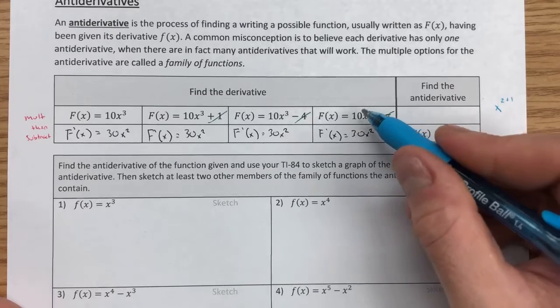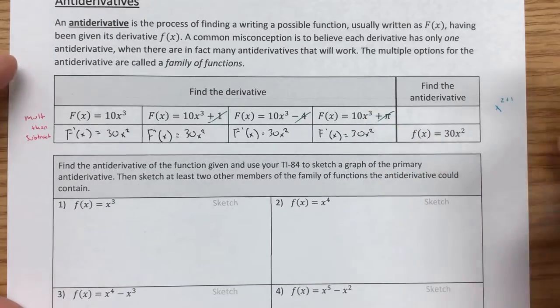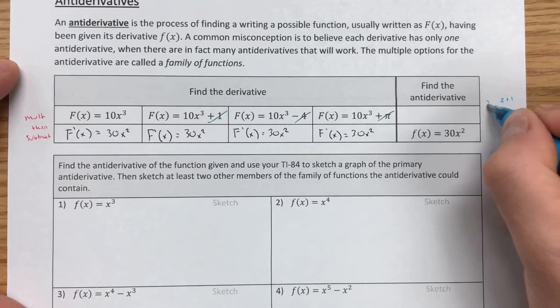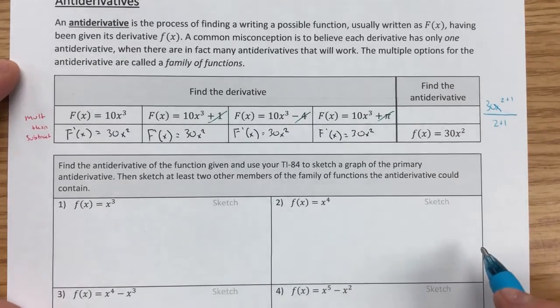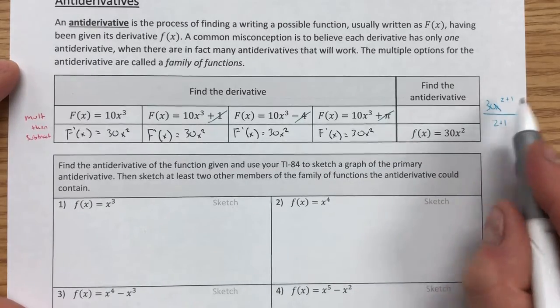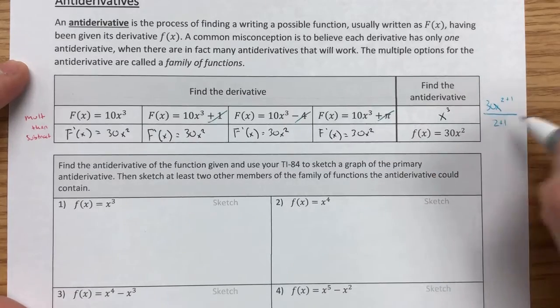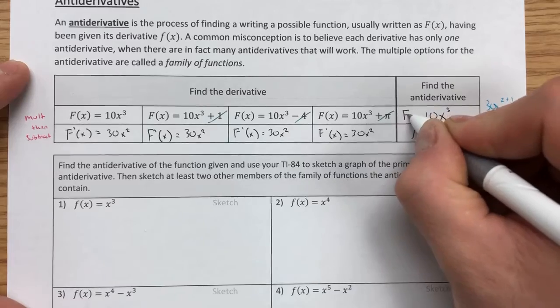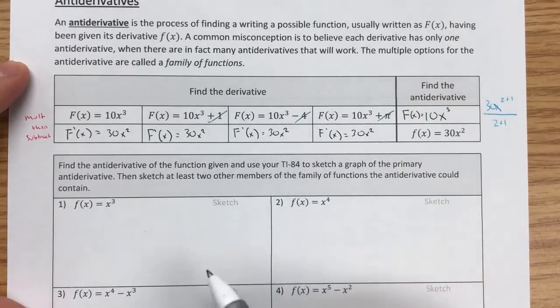Well, if I multiply by 3 and I add 1, I'm going to be dividing by that 3. So I'm going to take that 30 and divide it by that 2 plus 1. What I'm left with is x cubed, and then 30 divided by 3 gives me a 10. So my antiderivative, capital F of x, is equal to 10x cubed.